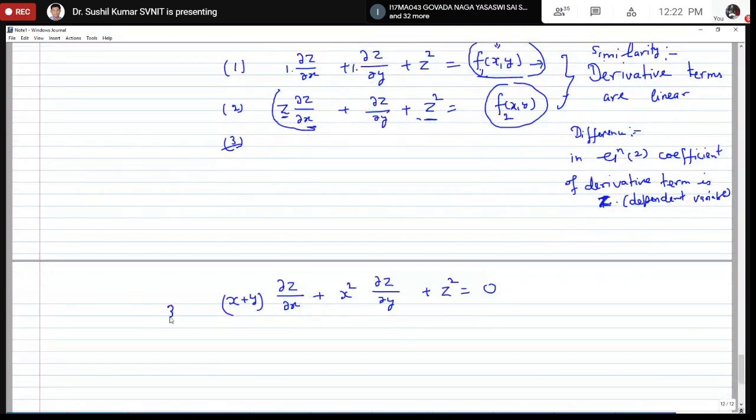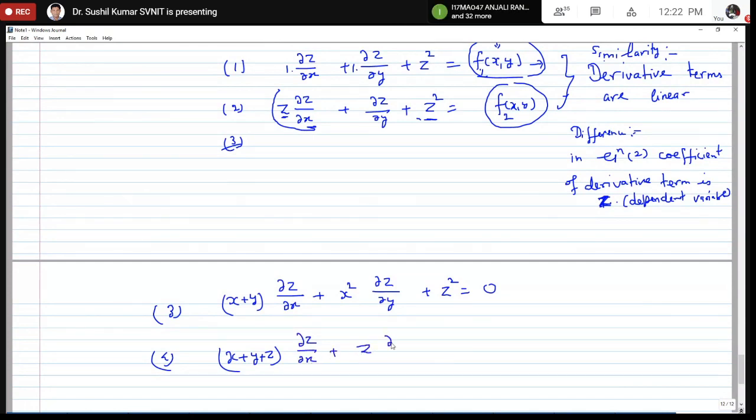So this is your third equation, and now the fourth equation I'm writing here: x plus y plus z del z over del x plus, let's say z here, del z over del y, plus z is equal to 0.